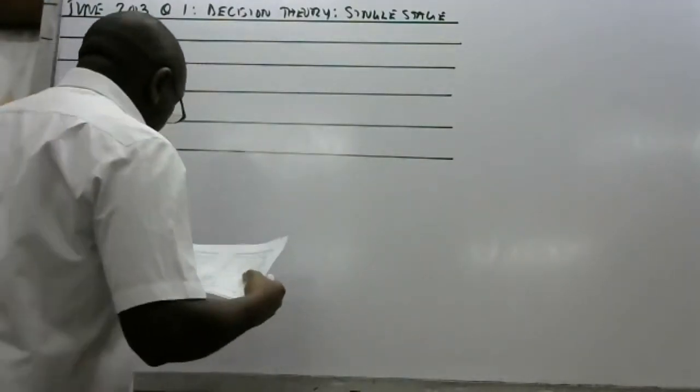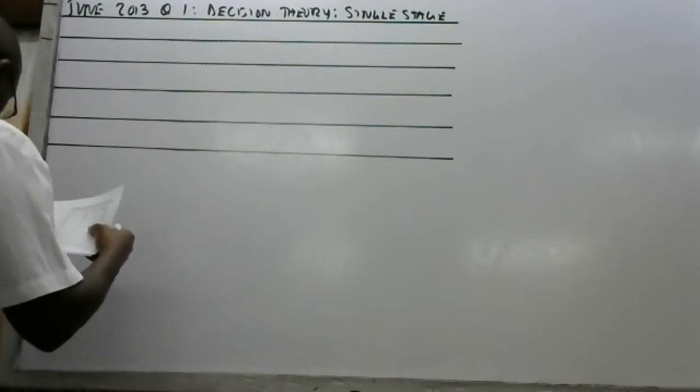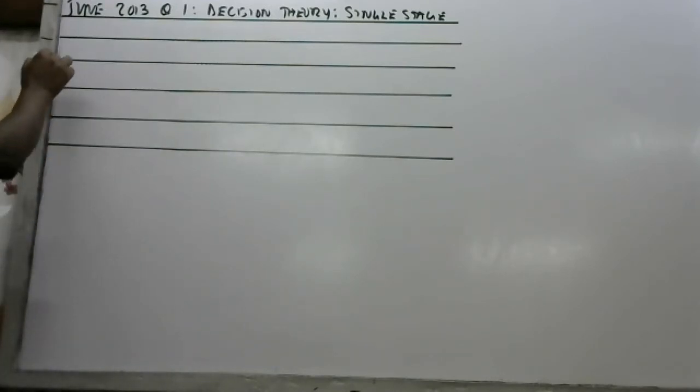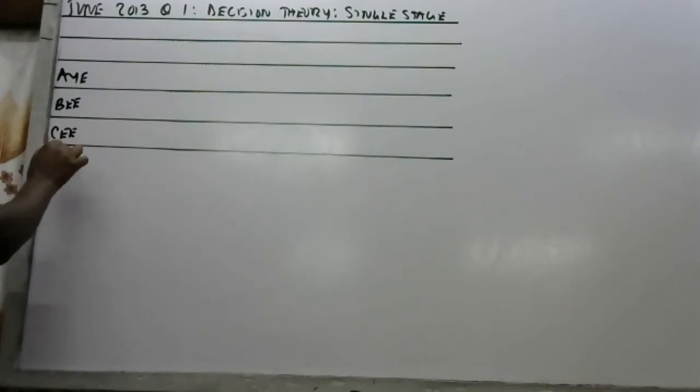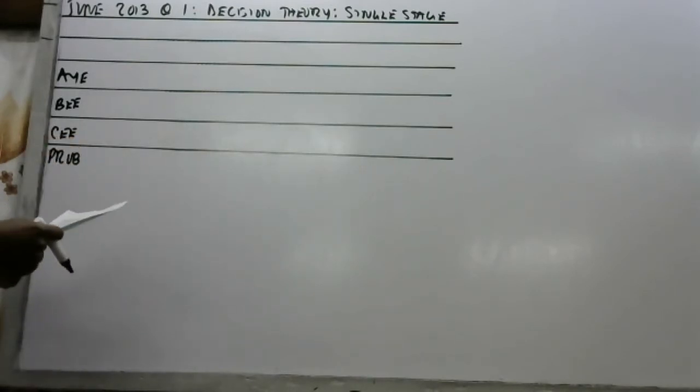Now, in this one, we have 3 options. We have product A, product B, and product C. Then here we will have the probability.